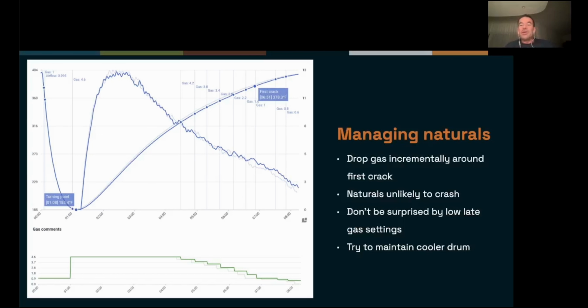One note is that naturals tend to be a bit softer and more delicate. If you are using a classic drum roaster and the drum surface gets too hot, naturals will scorch or burn much more easily than wash coffees will. So whatever system you use for all of your coffees, as long as the system is not creating any burn marks or any roasty flavors in naturals, you should be safe for all coffees.